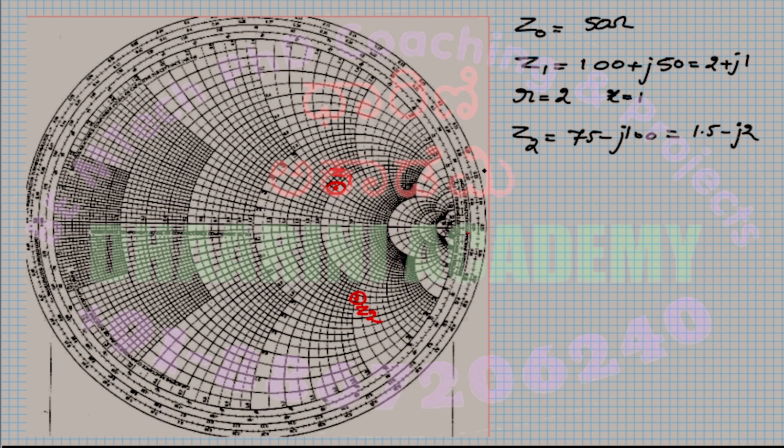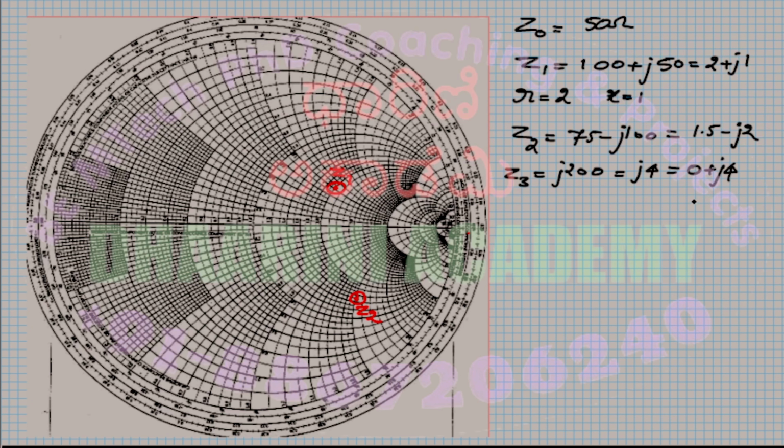Next, I want to mark Z3 equal to J200, purely imaginary, and it is inductive. When you divide this by 50, this becomes J4. Let us try to mark the point. Only the x equal to 4 circle I should identify. This is 0 plus J4.